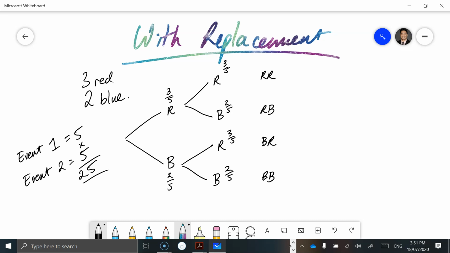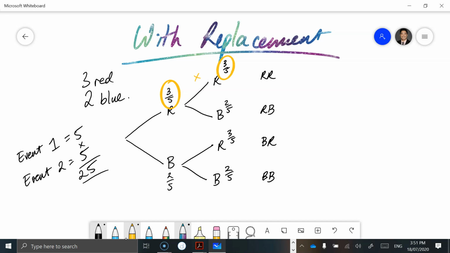Now, one thing I want you to take note of is this. In order to work out the probability of having 2 reds, you would multiply these two together.